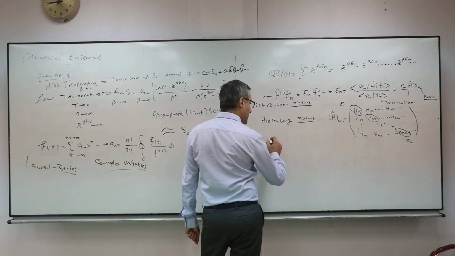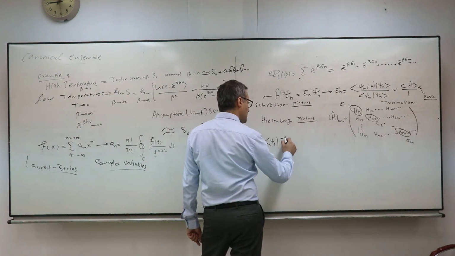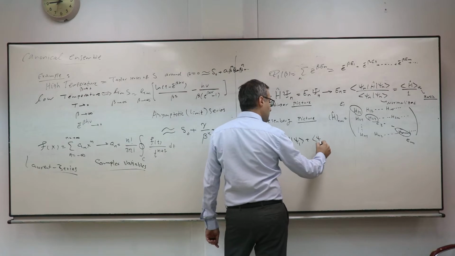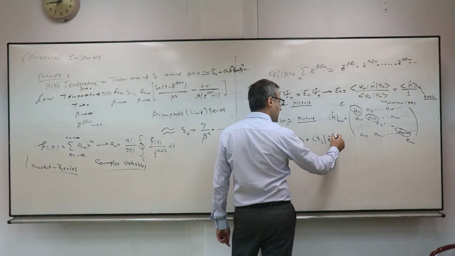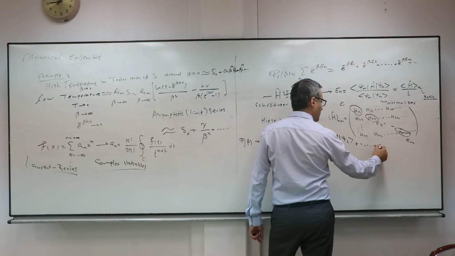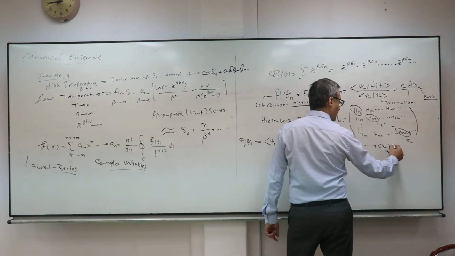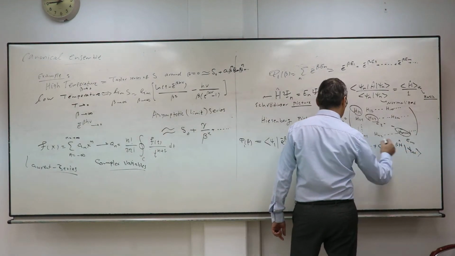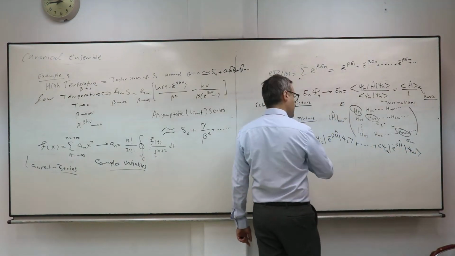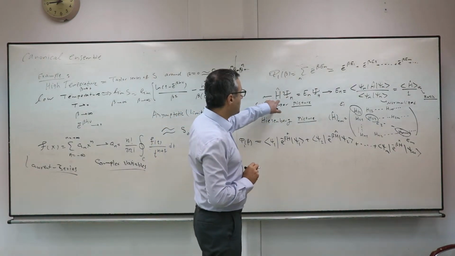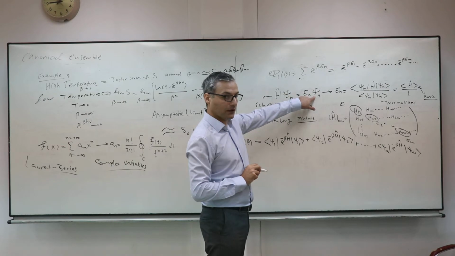Can I write that like psi 1, e to the minus beta H, psi 1, psi 2 for the next one, e to the minus beta H, psi 2, psi m, e to the minus beta H, psi m? Why? Because of this equation, H psi n is En psi n.